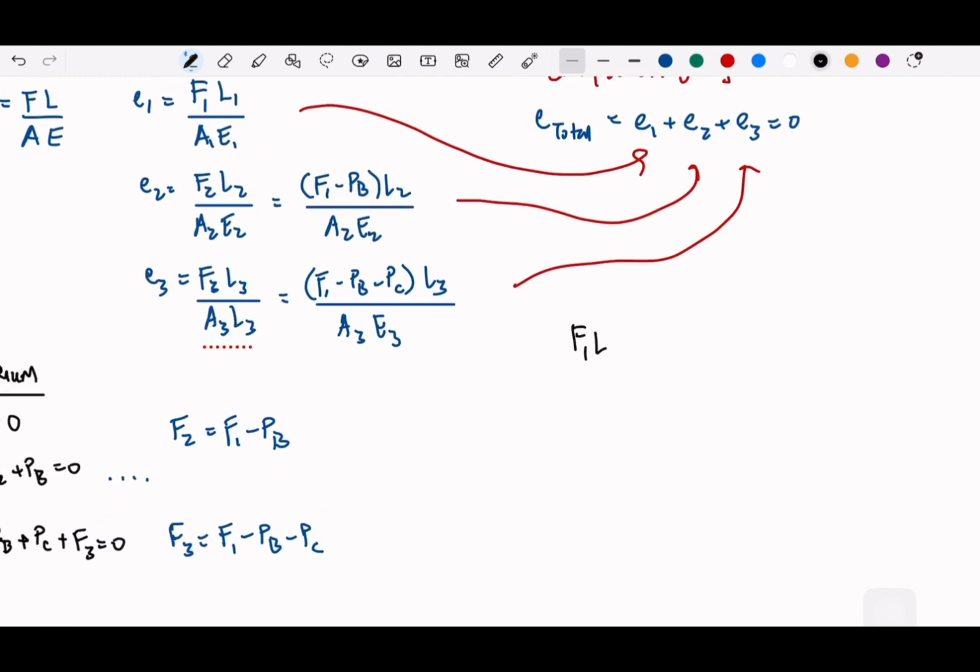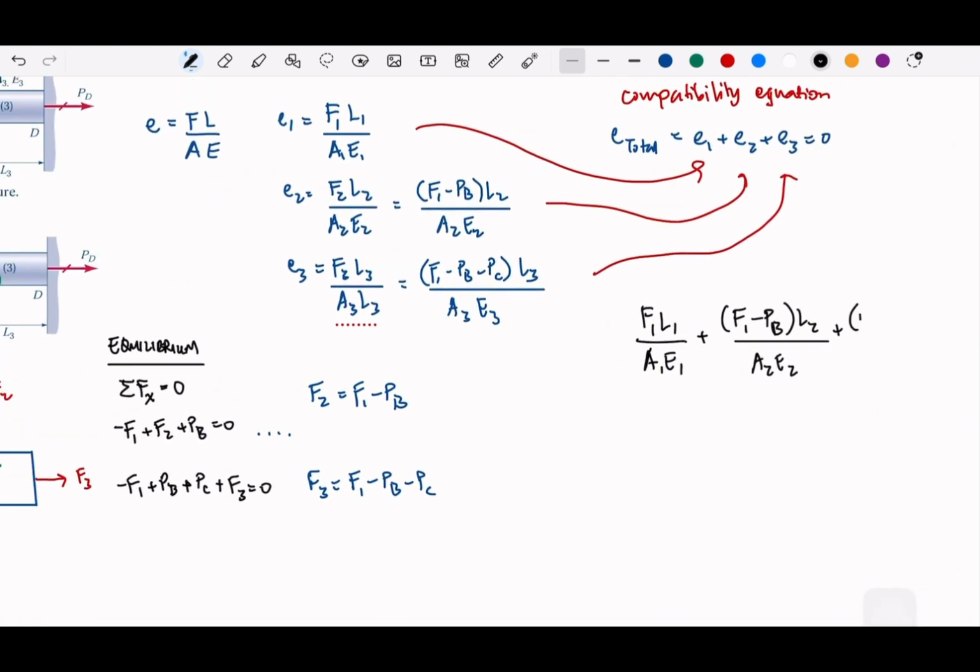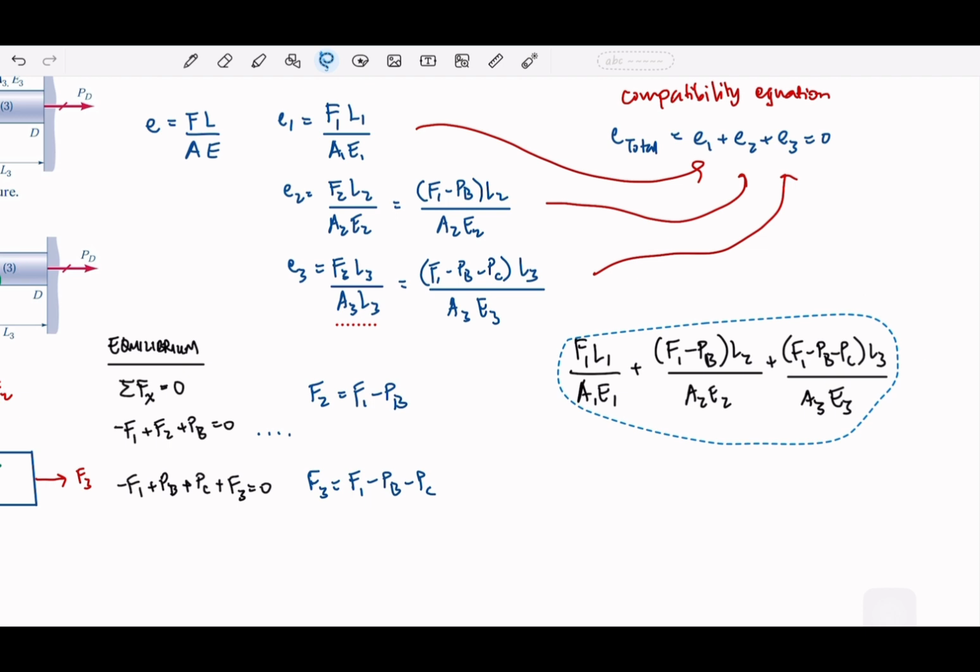So F1, L1, A1, E1 plus ... okay, and this will be equal to 0.